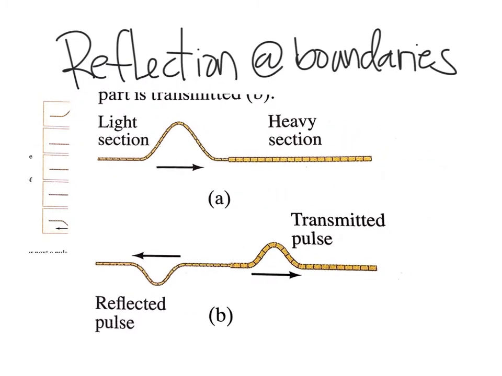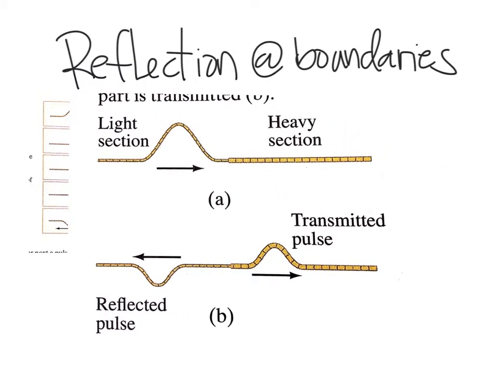In this type of situation, we have a wave in a light string, and it's hitting a heavy section of rope or string. What happens is part of the wave is reflected and part of it is transmitted.